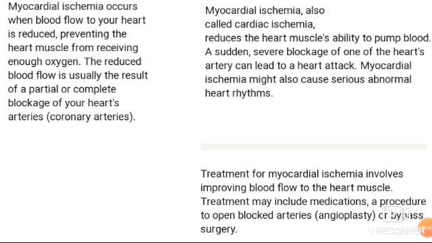There is a medical condition named coronary ischemia, also known as myocardial ischemia or cardiac ischemia, which was given in that question. So let's get some knowledge about coronary ischemia.